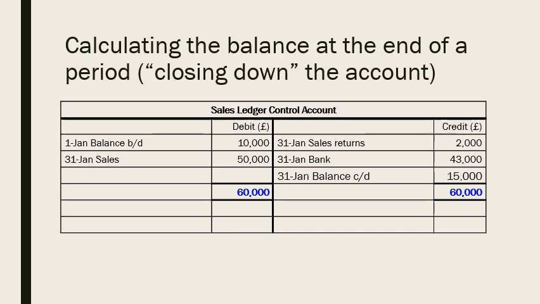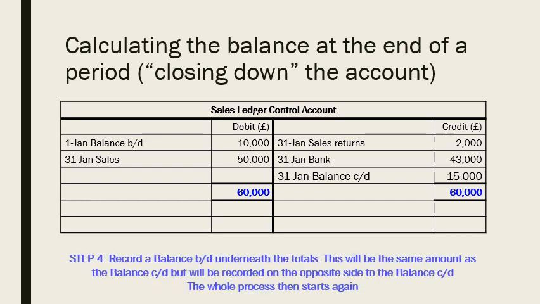Now our final step is to bring our balance to the start of the next accounting period. So we're going to record a balance brought down underneath those totals that we've just calculated and entered. Now this is going to be the same figure as the balance carried down of 15,000 in this example, but we're going to record that 15,000 on the opposite side of the T account to where it was recorded as a balance carried down.